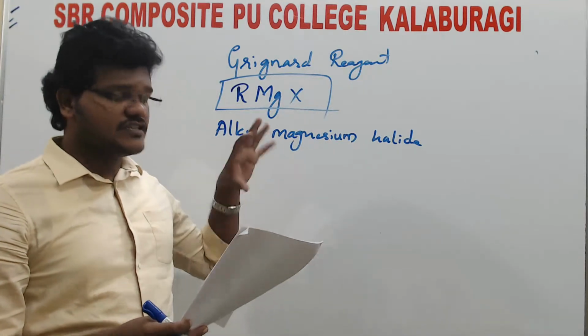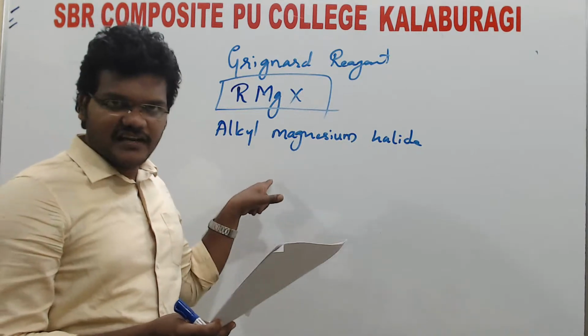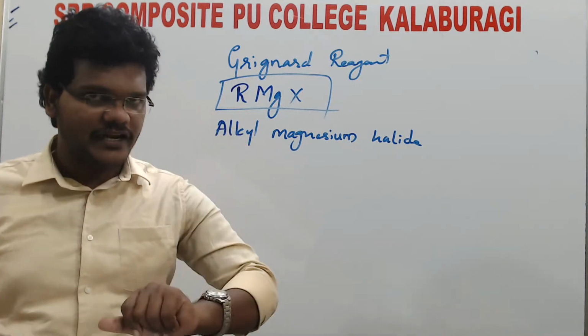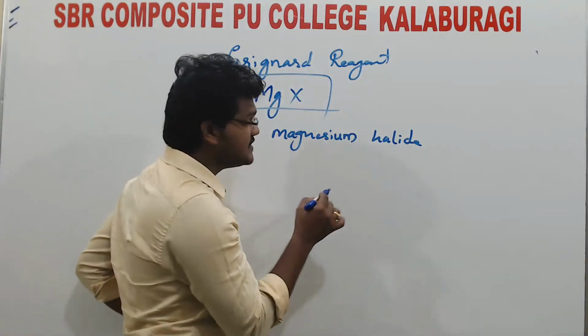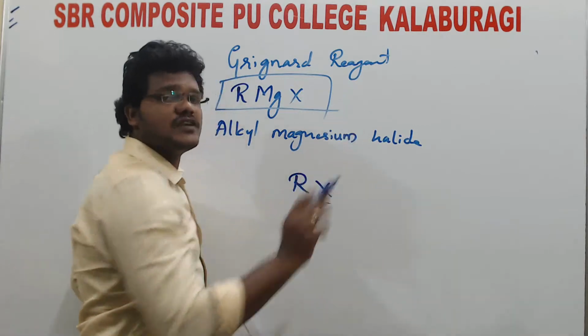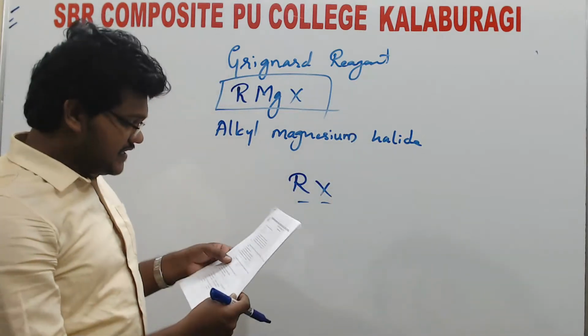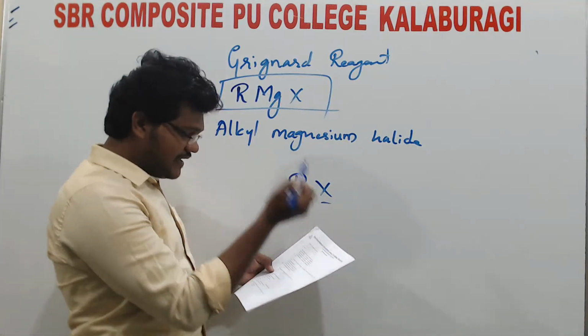Let us see what the question is. The question is based on Grignard reagent: in the preparation of Grignard reagent from haloalkane. What do you mean by haloalkane? Halogen plus alkane is called haloalkane.